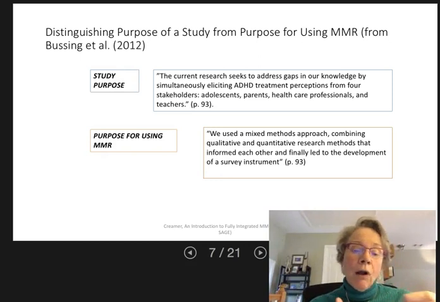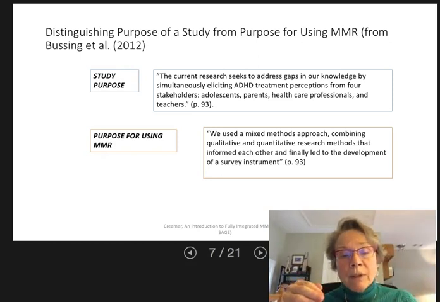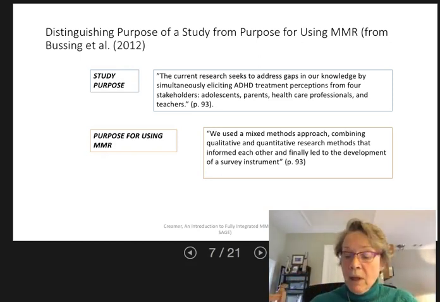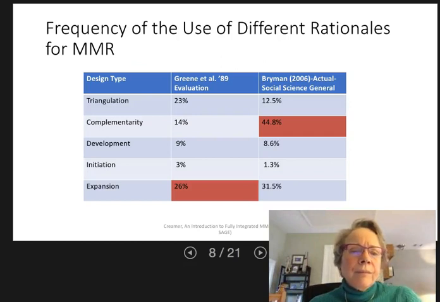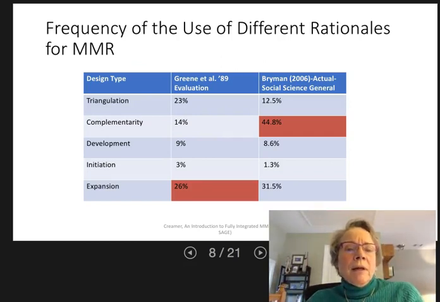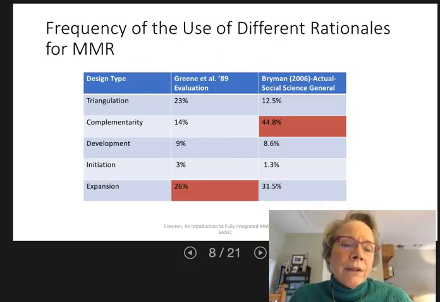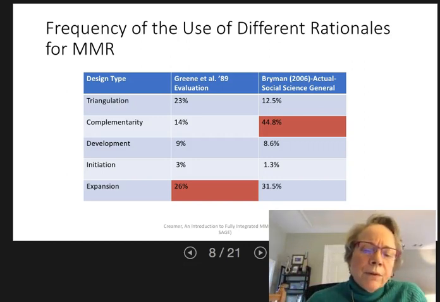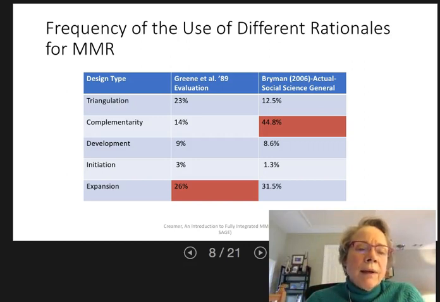These labels are all about helping your reader understand why you're using mixed methods and how you're using mixed methods. It's sort of a common language. Two people have characterized or cataloged, counted the frequency and come up with pretty different results on the frequency of the uses of the designs.